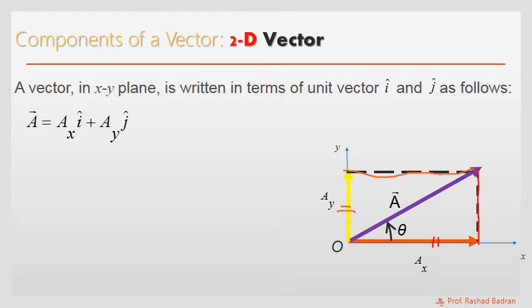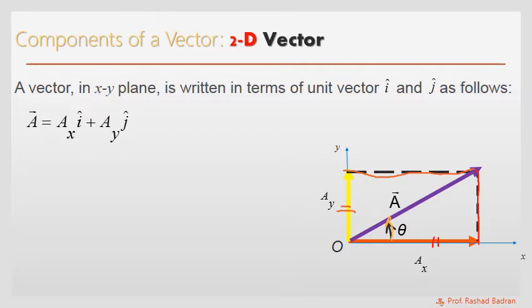And here we are, this is ay. You see, these two components are drawn now in the first quadrant, where the angle theta is positive, and it's drawn with respect to the positive x-axis in the counterclockwise direction.